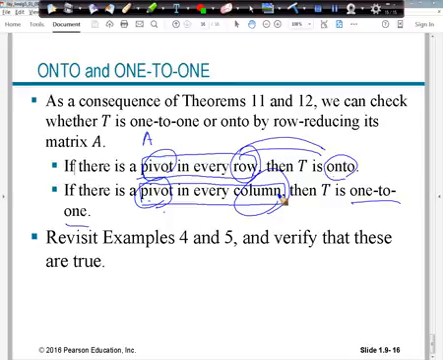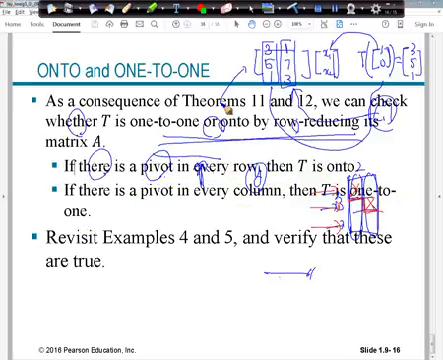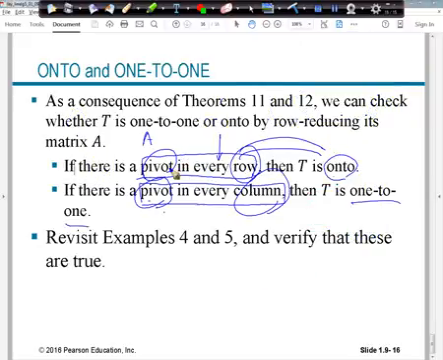Yeah, but it's not something that you should memorize. You already understand deeply about it, because this guy is exactly the theorem 4 that I just described in the previous page, right? We should have a pivot in every row. So that's the condition or the requirement for onto, right?